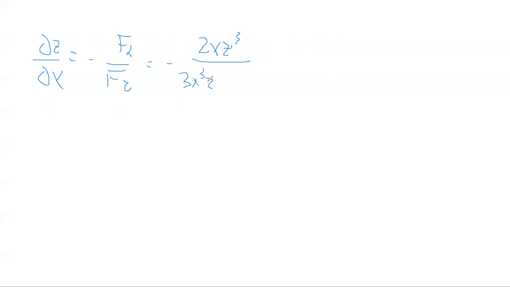All right, clearing. So going back, the partial derivative of z with respect to x is negative f of x over f of z. And we already have our f of x, which is going to be negative 2x z cubed over this is your f of z value, which is right here, 3x squared z squared minus 2z plus 6y.